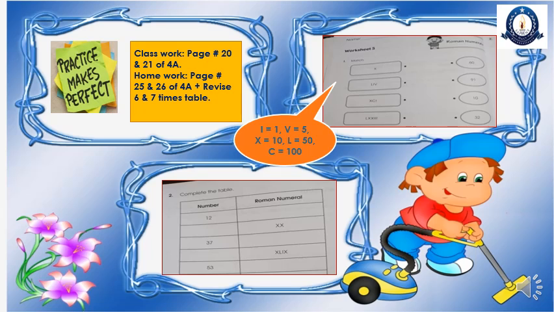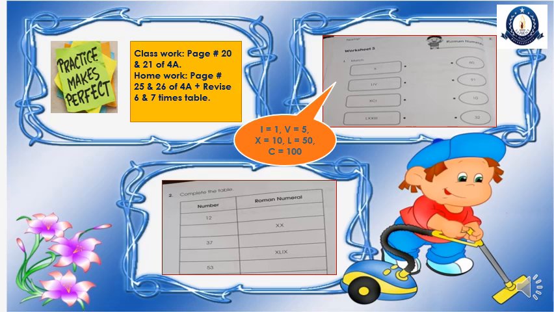So 5 minus 1, what will be the answer? 4. It means L is 50 and IV is equal to 4. So 54. Look here, 54 is given. Yes, the last option is 54. Then match it with 54. In this way you will solve page number 20.